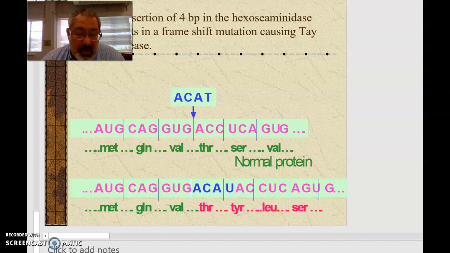So this particular point mutation is due to an insertion of 4 base pairs, which causes a very extensive missense mutation.